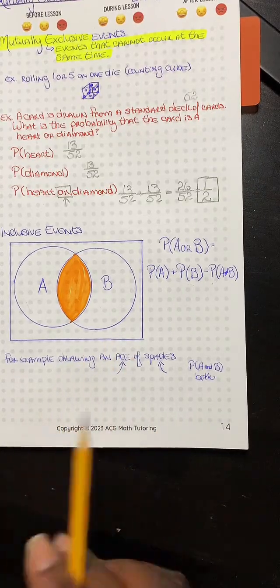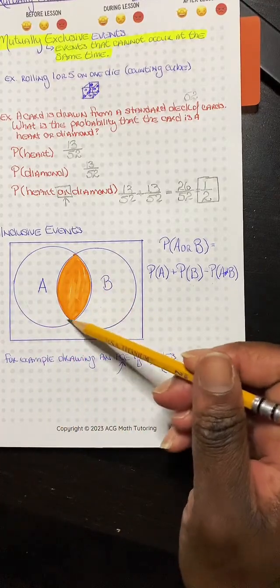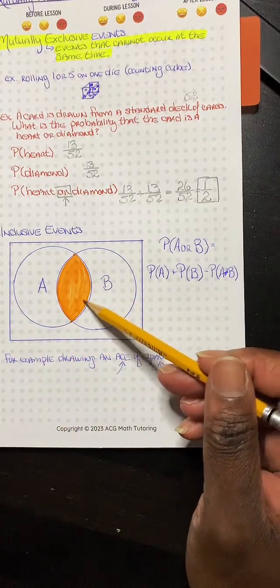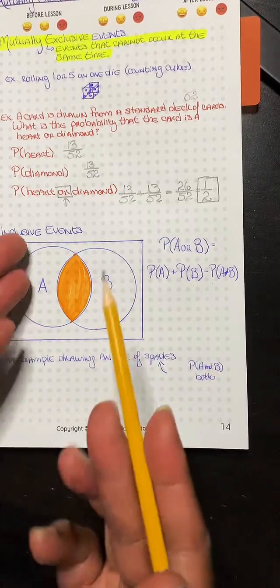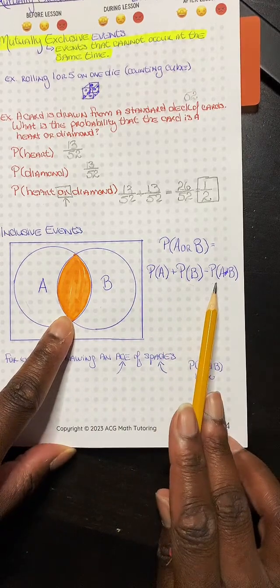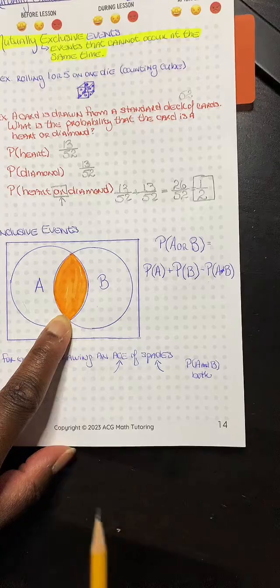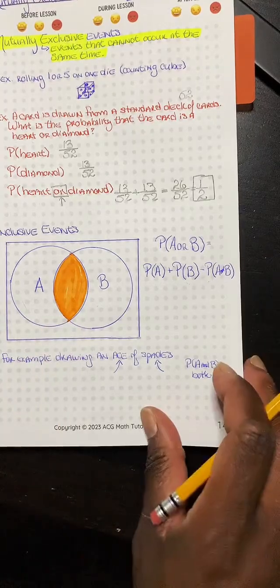All right. So with the inclusive, you're talking about the ones that are basically taking a little bit from column A and a little bit from column B. But we have to subtract that in order for us to get our true probability. So let me come over to here.